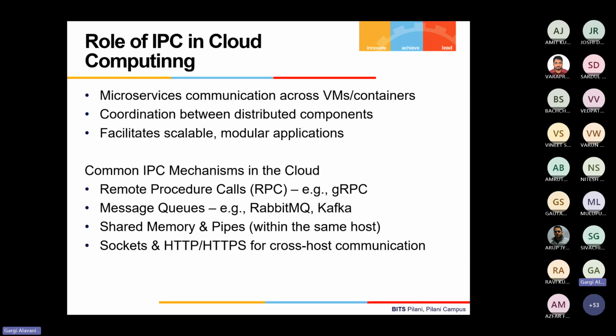Most modern cloud-based applications are typically split into microservices, as we all know, which run across virtual machines or containers. These services need a very reliable way to communicate, and that's where interprocess communication, or IPC, comes in.